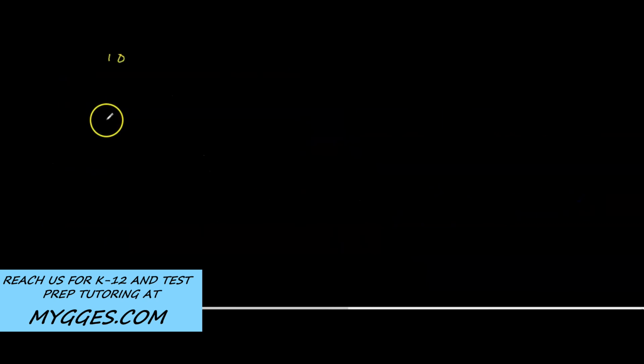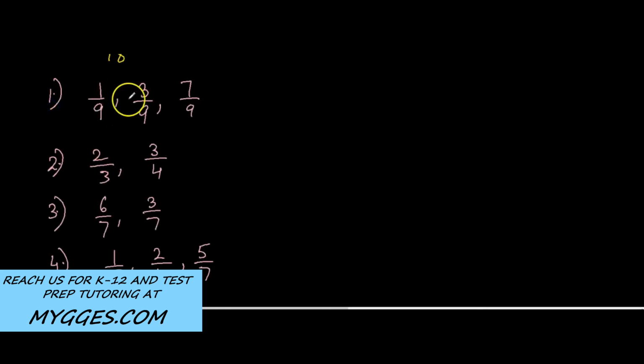Now let's try out some examples on identifying like and unlike fractions. I hope you found these easier to identify because you just need to look at the denominators. So in the first one, since all the denominators are same, definitely it would be like fractions.